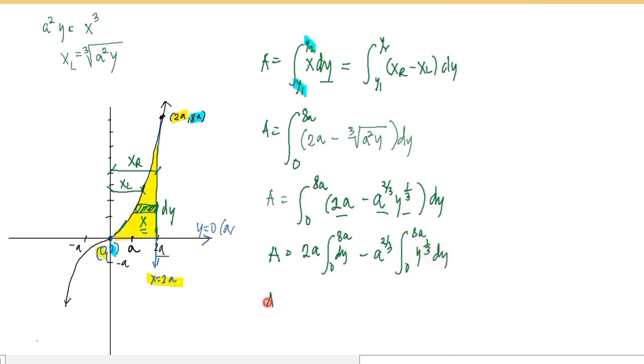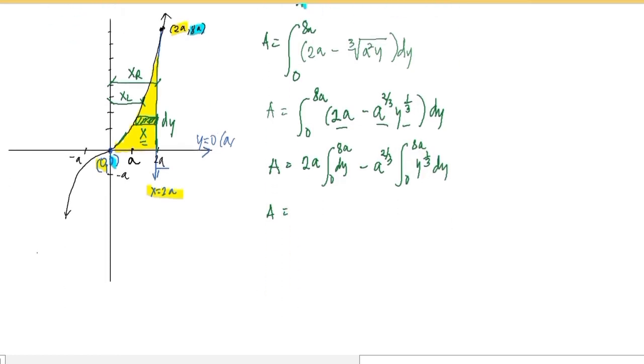Then we are going to integrate this separately. So we have here 2a, the integral of dy is y, no? Of course, our limit from 0 to 8a. And for this, so we have a raised to 2/3, and the integral of this is y raised to 4/3 over 4/3. Of course, our limit from 0 to 8a.